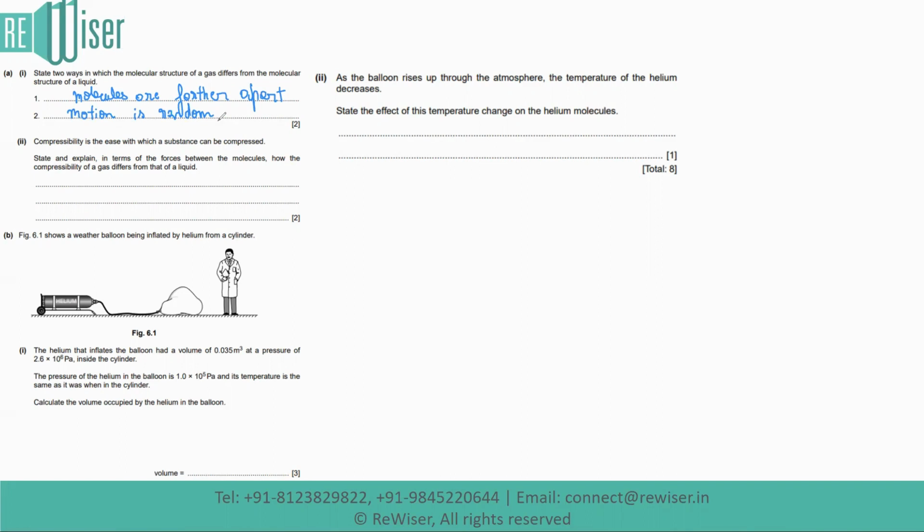Compressibility is the ease with which a substance can be compressed. State and explain in terms of forces between the molecules how the compressibility of a gas differs from that of a liquid. It is obvious from the definition that gases are more easily compressible when compared to a liquid.